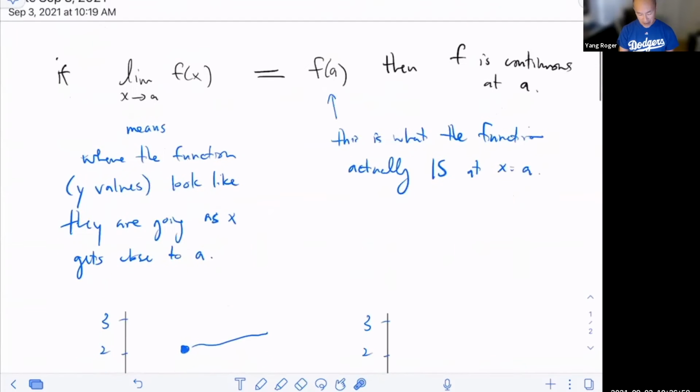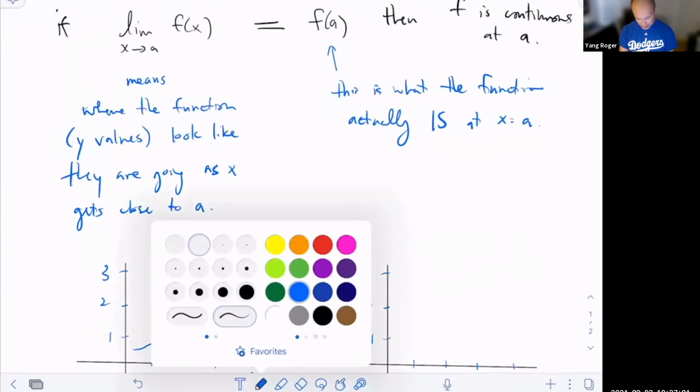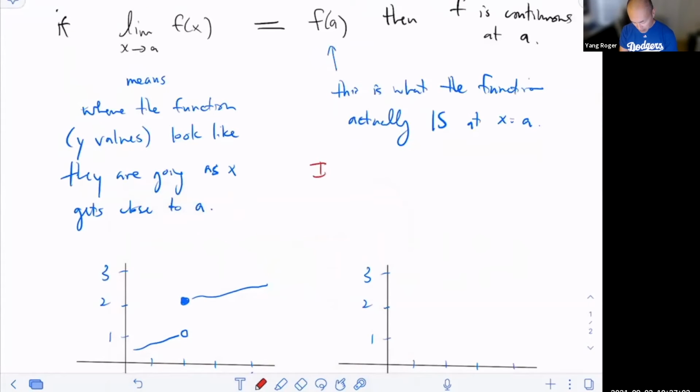Another way to think of that is I can draw the function without lifting my pen off the paper.